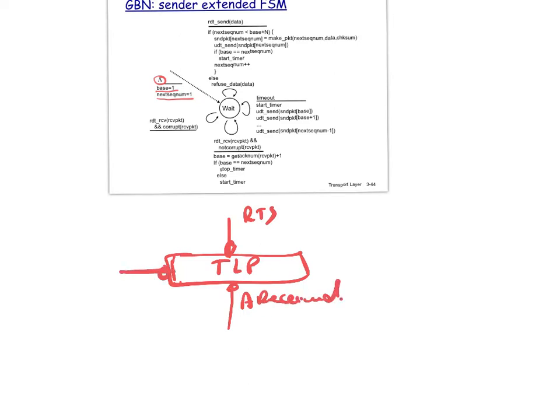And we have an internal event, which we call the timeout. So these are the three events. So the sender has these three events. We need to make sure that all these three events with all the associated variations are addressed.